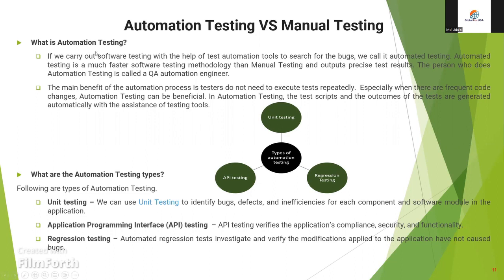Okay, clear? So this is automation testing, where you are testing with the help of automation tools to find defects within the application, right? This automation testing can be faster than manual testing, and the outcomes are also precise test results, right? The person who does automation testing is called the QA automation engineer. There are many benefits of the automation process.